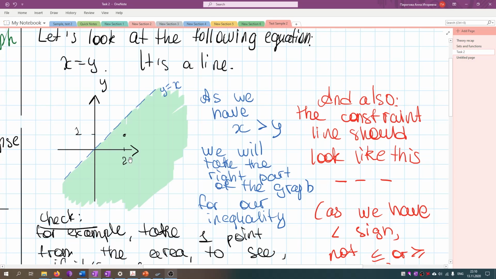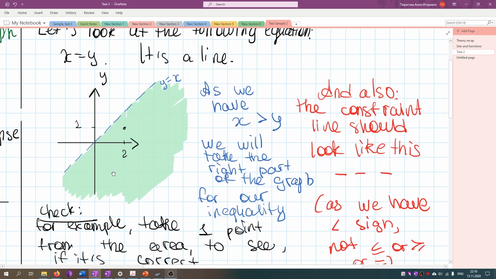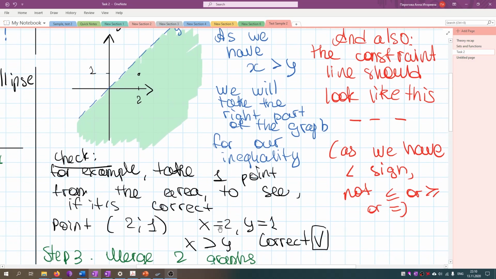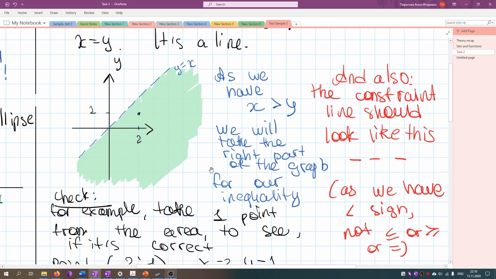Let's, for example, take the point with coordinates 2 and 1. In this case, x will be equal to 2, y will be equal to 1, and yes, our inequality x greater than y will be correct. So this means our chosen area will be this green right area.